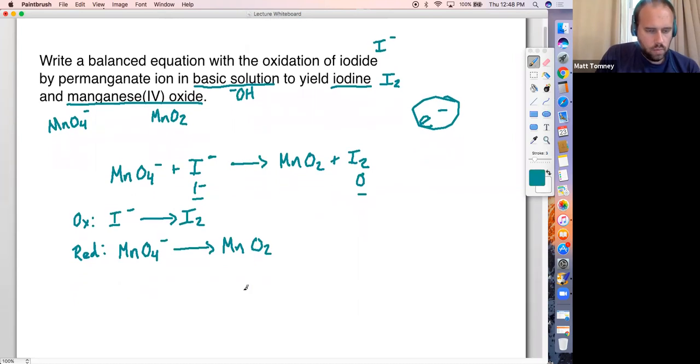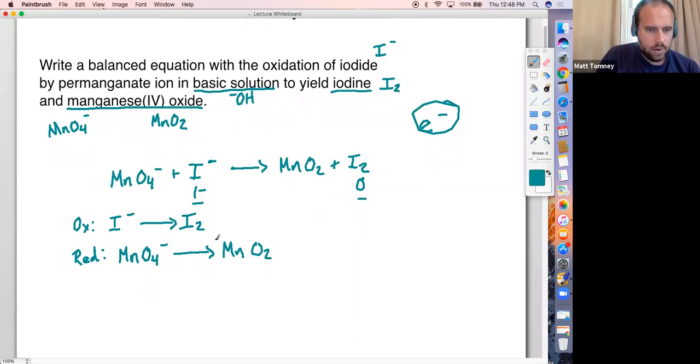Now, it's important when we consider half reactions, we need to add what? Electrons, because this is a redox reaction. For the electrons that we need to add here, the iodine one is going to be fairly easy. There's been a loss of 2 electrons. So I minus is going to become I2 plus, and now we start to balance it. If there's 2 iodines on the right, there's 1 on the left, I need a 2 here.